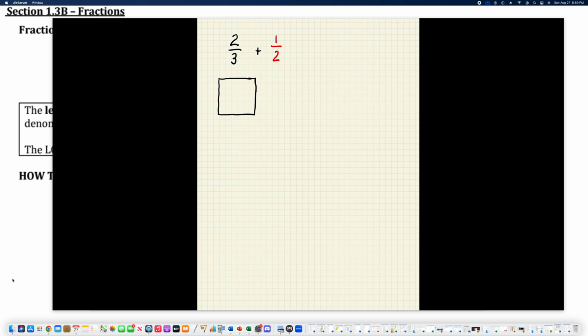And I am going to break this into 3 equal pieces. You can do whatever you want here. If you want them to be vertical lines or horizontal lines, I don't care. So let's say we're going to go 3. We're going to put in 2 vertical lines to break that into 3 equal pieces.